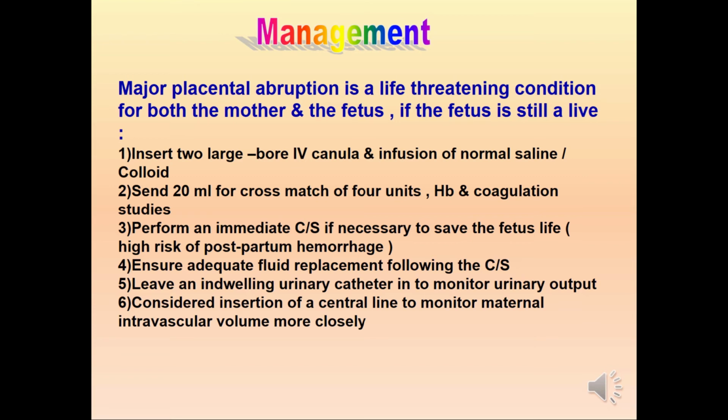Ensure adequate fluid replacement following the cesarean section. Leave an indwelling urinary catheter to monitor the urinary output. Consider insertion of a central line to monitor maternal intravascular volume more closely.